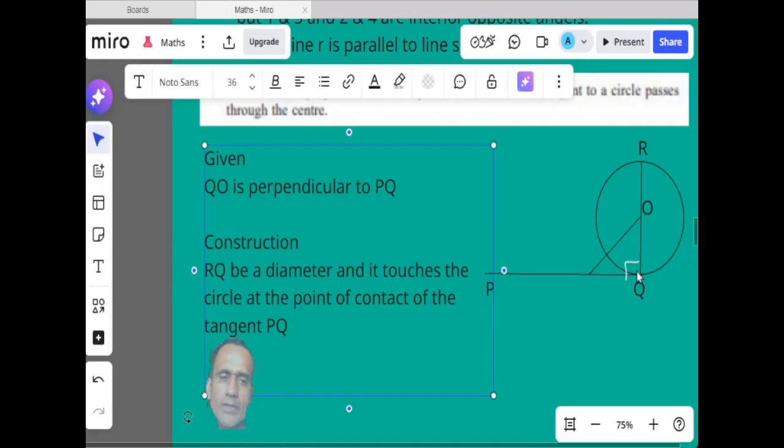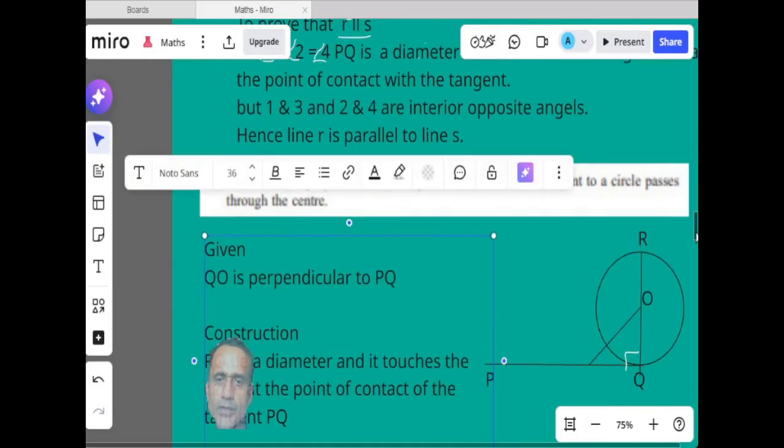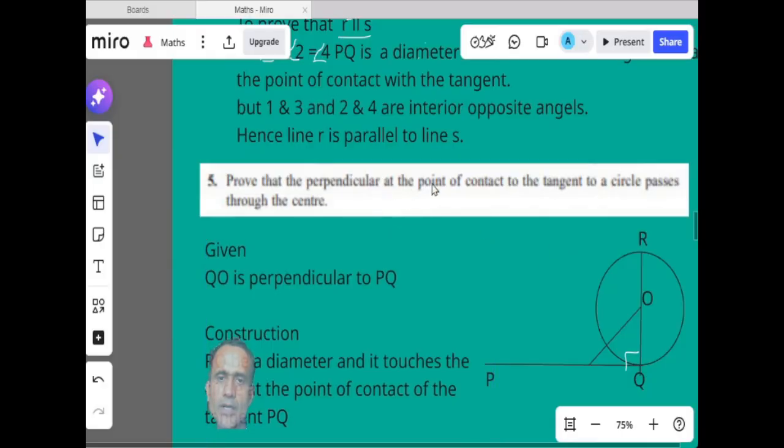So we are given that QO is perpendicular to PQ. It is given in the question that it is perpendicular at the point of contact to the tangent. We take that OQ is perpendicular at the point of contact of the tangent to the circle, and we don't know whether it passes through the center or not.